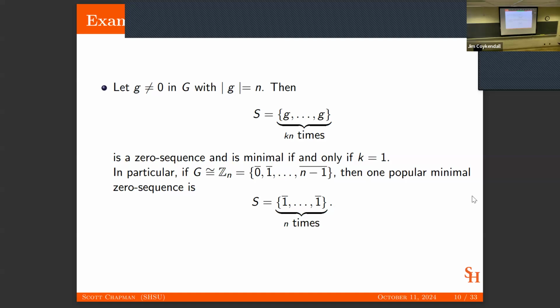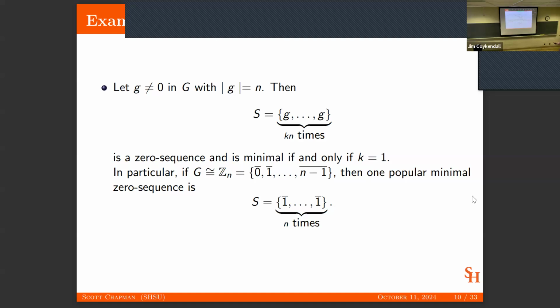Then take the sequence made up of k times n copies of g, where k is some positive integer. It's a zero sequence, right? n copies of g added up together is 0, and so k copies of that is 0. So that's a zero sequence, and moreover, if k is 1, it's a minimal zero sequence.